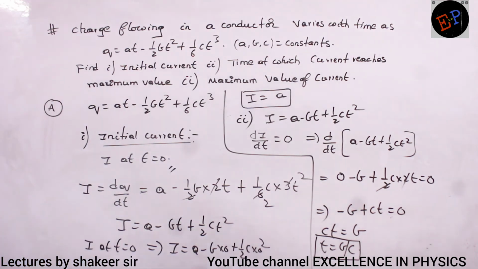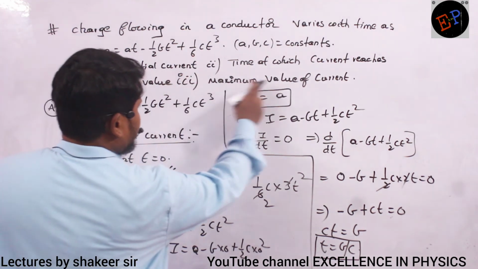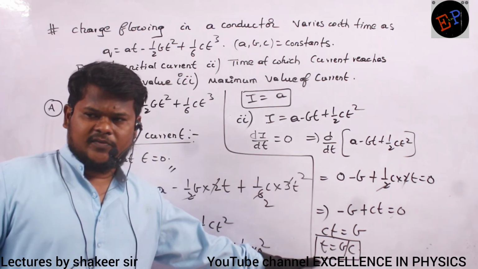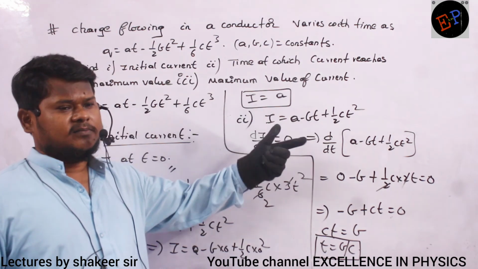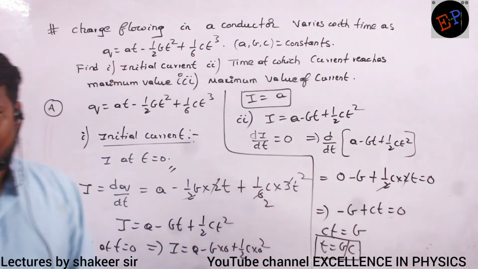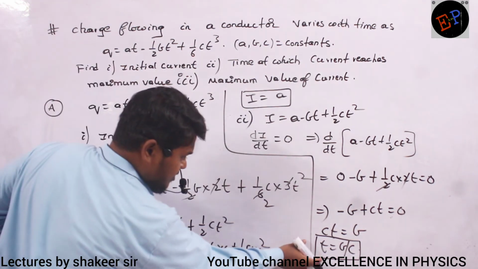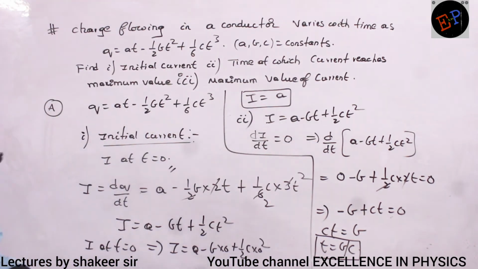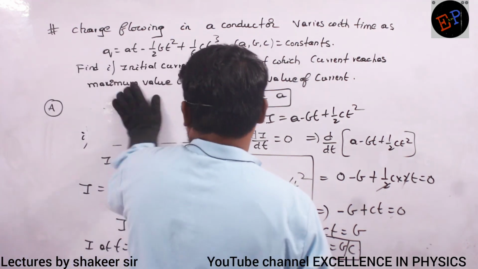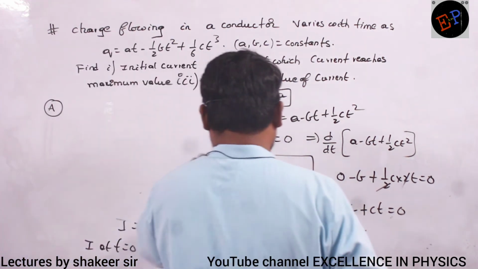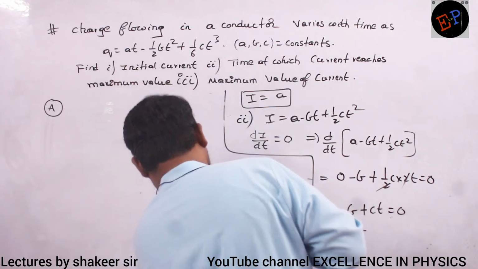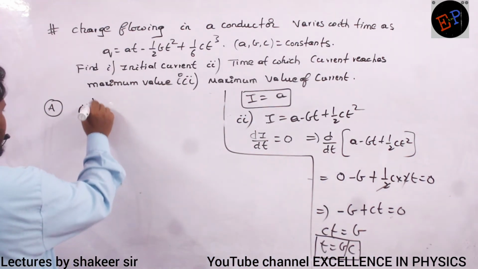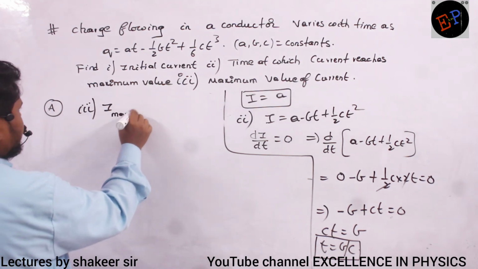And what is the next question he is asking? What is the maximum value of current? So when t is equal to B by C, I will get the maximum value of current, no? So take t and substitute in current. That is my maximum value of current. Understood, no? So this is the time at which I will get maximum current. So take this value and substitute in the same equation. You will get maximum current. So, third question, I max is how much?